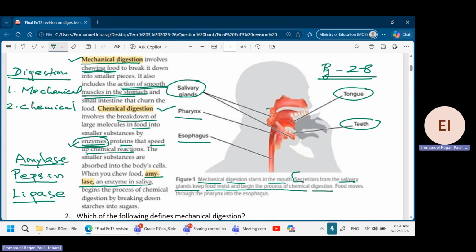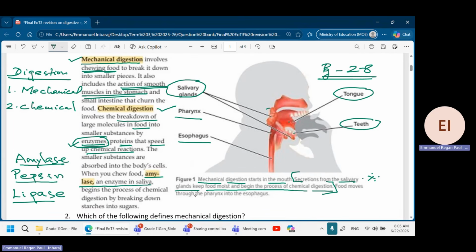My dear, you need to be very careful with this term, because this is going to be important. Secretions from the salivary gland. So what does the salivary gland secrete? Amylase, an enzyme. It keeps the food moist and begins the process of chemical digestion. So where does chemical digestion begin?